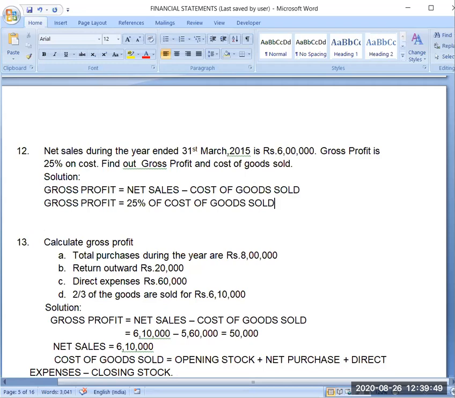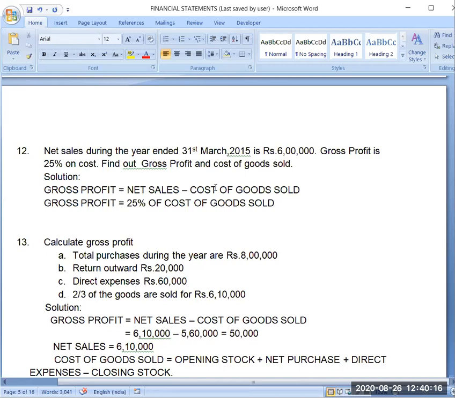But unfortunately, I don't know the cost of goods sold. If it were given in the question, I would have calculated the gross profit simply. And then I know gross profit, I know the net sales, and I would be able to calculate the cost of goods sold. But unfortunately, cost of goods sold is also to be calculated, and that is not given in the question.